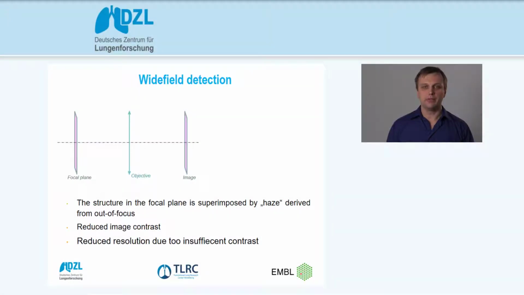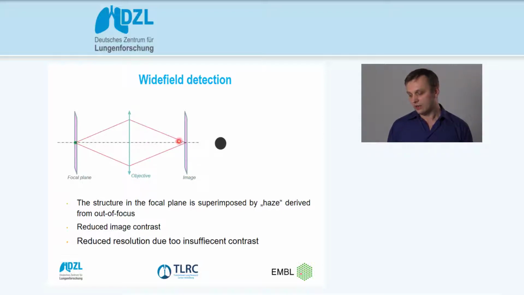To better understand the resolution of a fluorescence microscope, let's have a closer look at the process of image formation. The resulting image, which represents multiple objects, can be seen as a superposition of multiple images, each representing one single object. Let's start from a small object located in the focal plane.